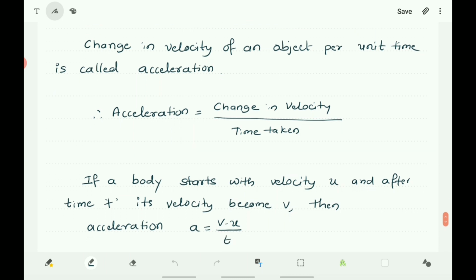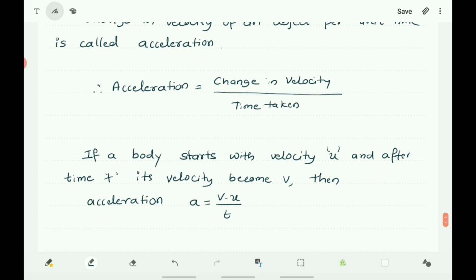If a body starts with velocity u, that is the initial velocity, and after time t, its velocity becomes v, that is the final velocity. Then acceleration is equal to v minus u by t, and you can denote the acceleration by the letter a.